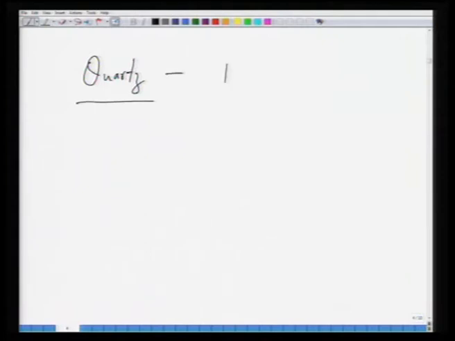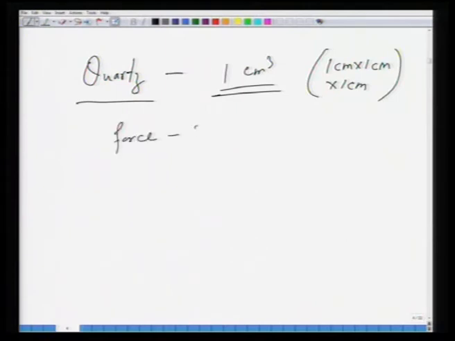If you take a quartz piece of 1 centimeter cube, which is 1 centimeter by 1 centimeter by 1 centimeter, that is the simplest way to think of it, and then apply a force of, for example, 2 kilonewton. Now, this 2 kilonewton is a very small force. If you just divide 2 into 10 to the power 3 Newton by 9.8, it is approximately 200 kg.